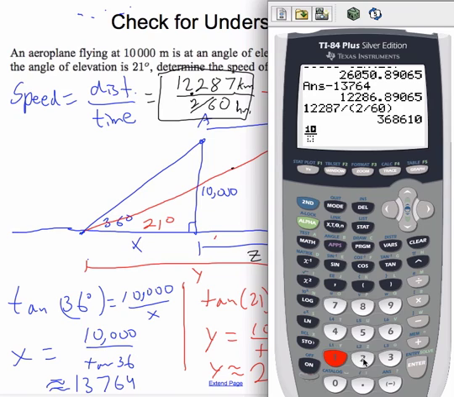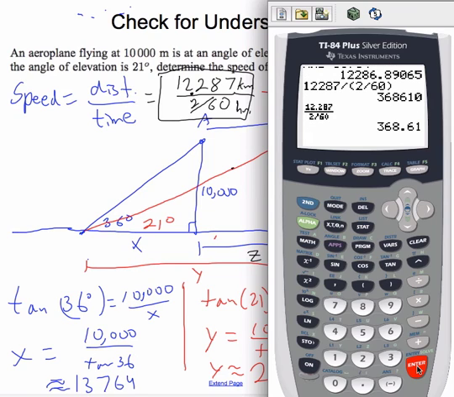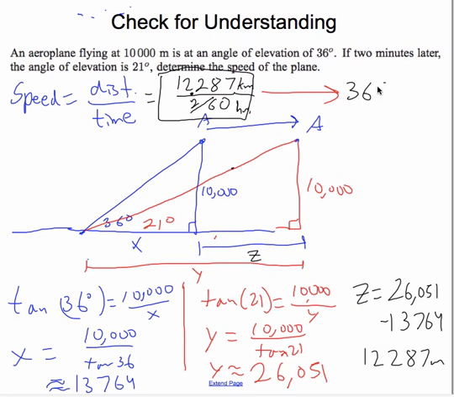So 12.287 out of 2 out of 60. And I get 368, or 369 around 3 significant figures. So that's about 369 kilometers per hour.